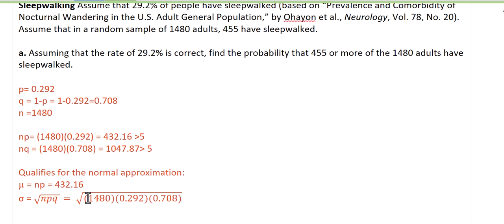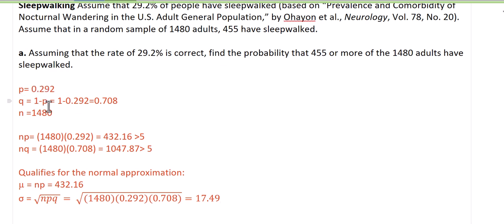And so when we put that into our calculator, what do we get? We get 17.49. So this is our mean, and that is our standard deviation. So that is assuming that the rate of 29.2% is correct, so the probability of success is 0.292.